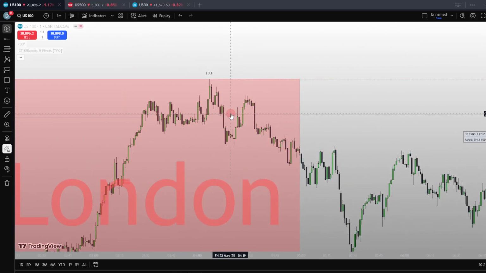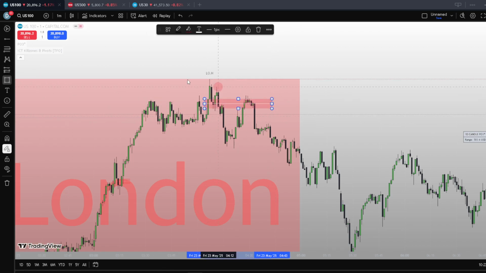So what entries do we have here? A really easy entry that you could have got. Price retraced, had a big disrespect, as you can see, CISD, and after this candle tapped into this inverse here, I would enter.